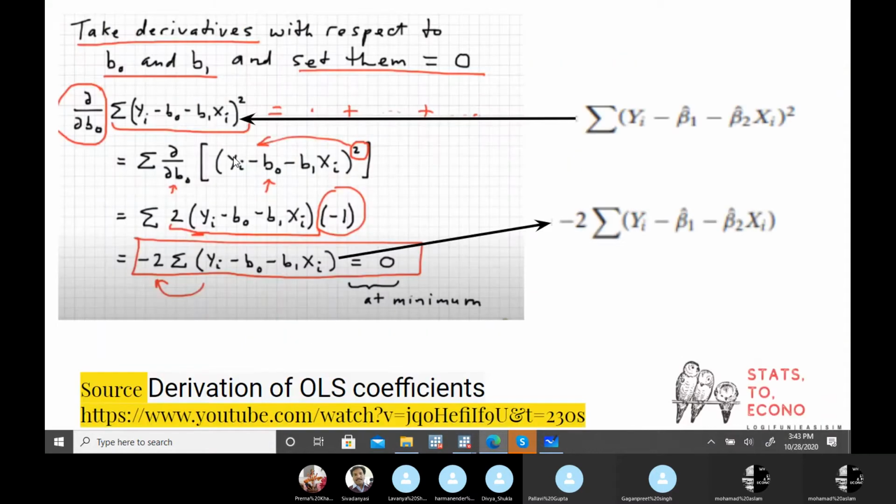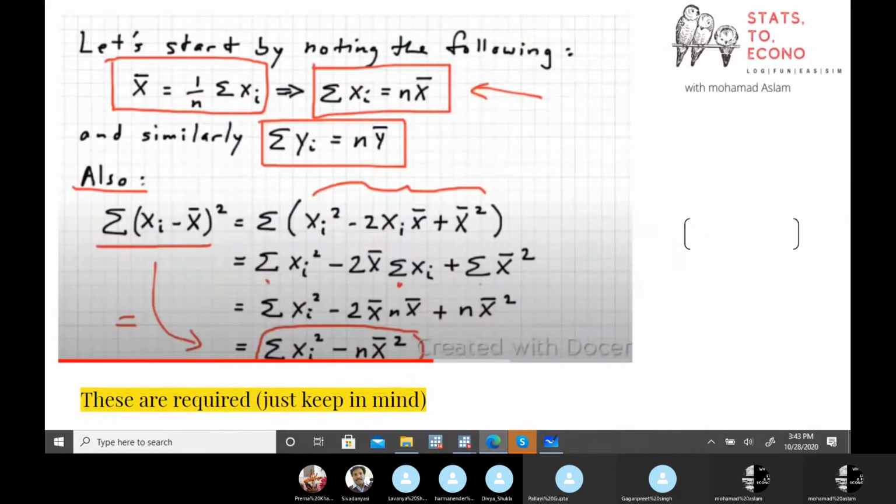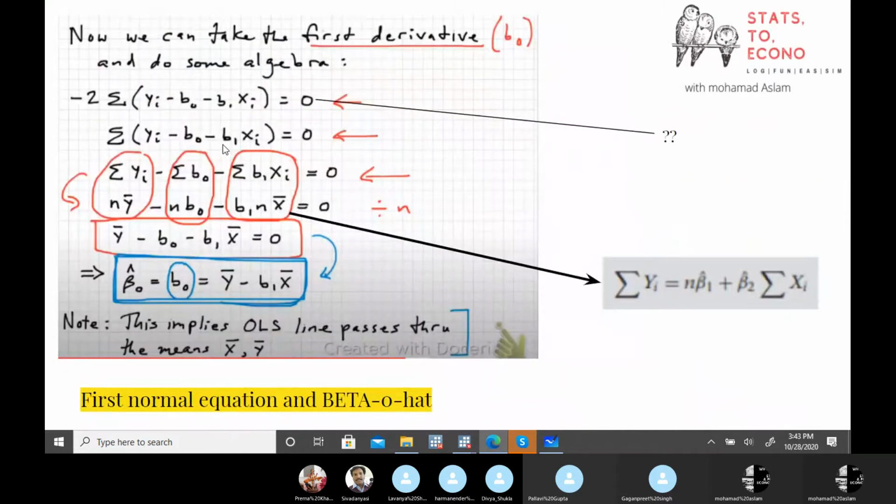Then the constant goes outside the summation and the remaining part is summation xi. Now this equation is equivalent to the first normal equation.